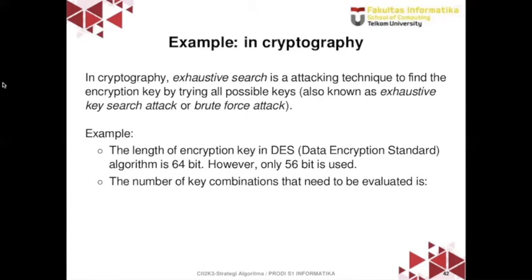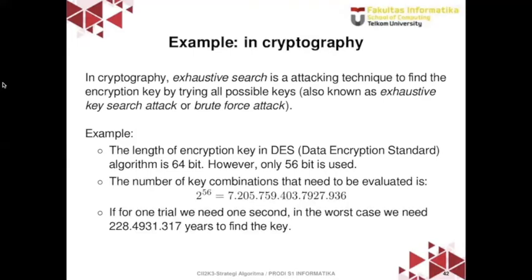For example, if we have the DES algorithm, which has an encryption key length of 64 bits, but we only use 56 bits, the number of key combinations that need to be evaluated is this much, because for each bit we may have 0 or 1, so the total possible keys are this many.